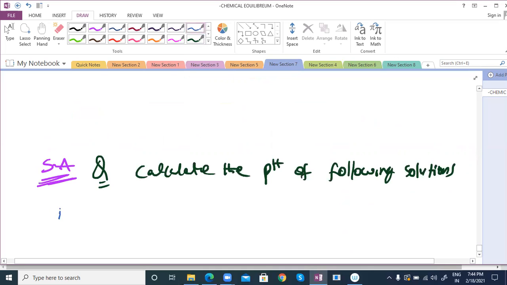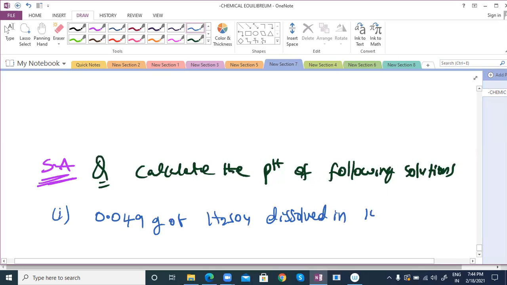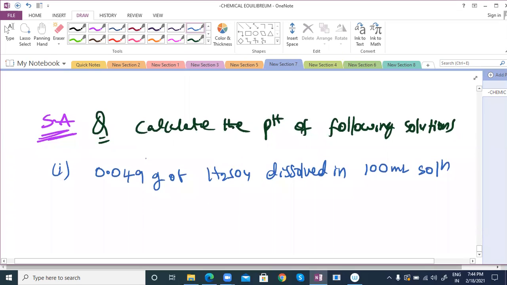For example, I am giving here 0.049 grams of H2SO4 dissolved in 100 ml of solution. So calculate its pH. That's the question.